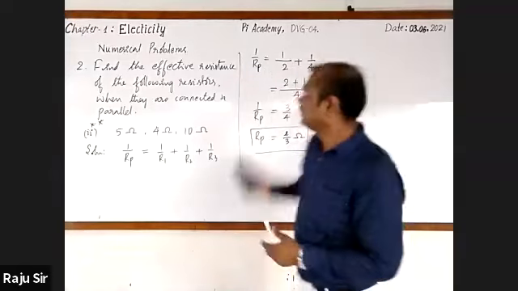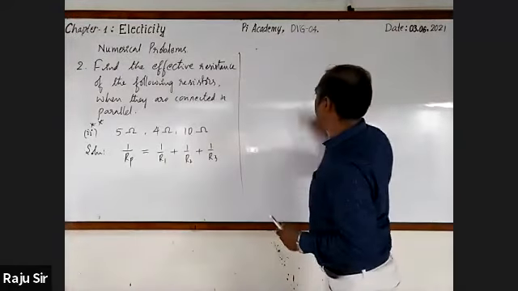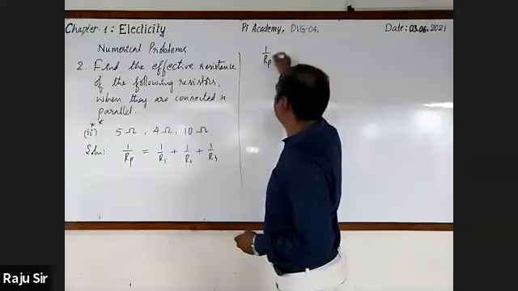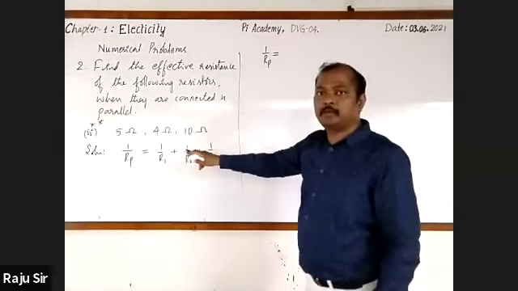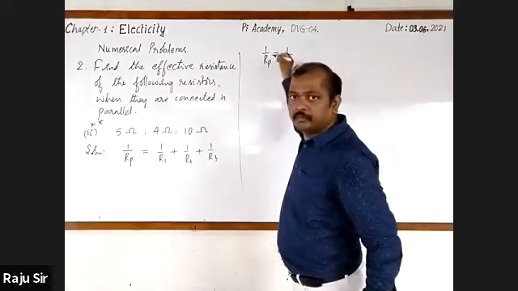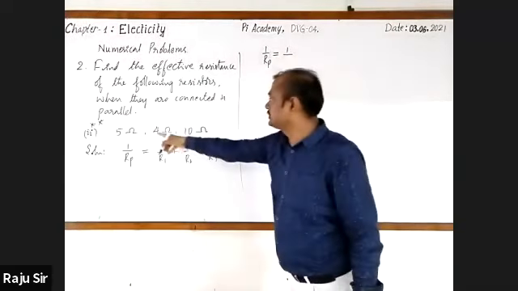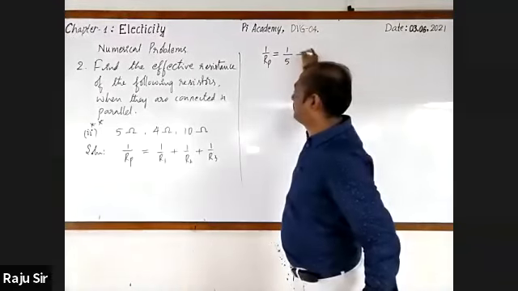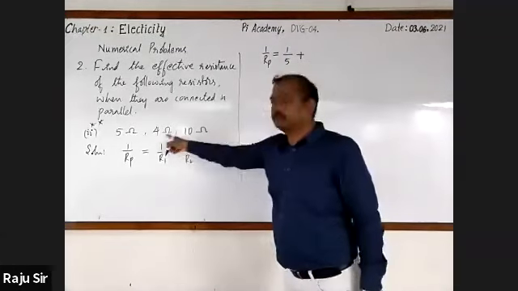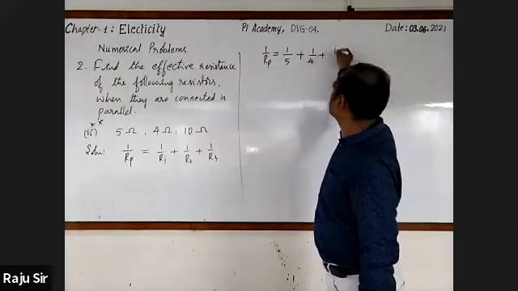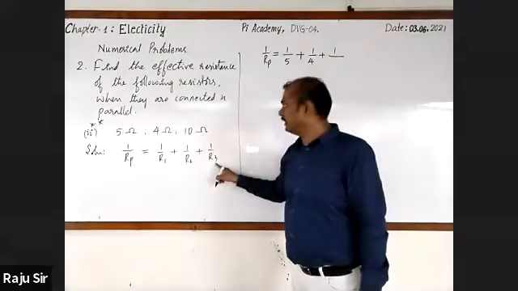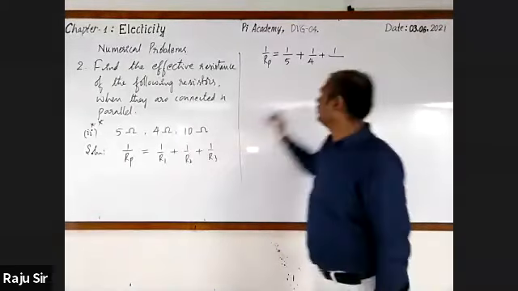Just go for substituting. 1 by Rp. Please go on writing with me. Don't be lagging. 1 by R1, R1 is 5, plus 1 by R2, R2 is 4, 1 by 4 plus 1 by R3, R3 is 10 ohm.